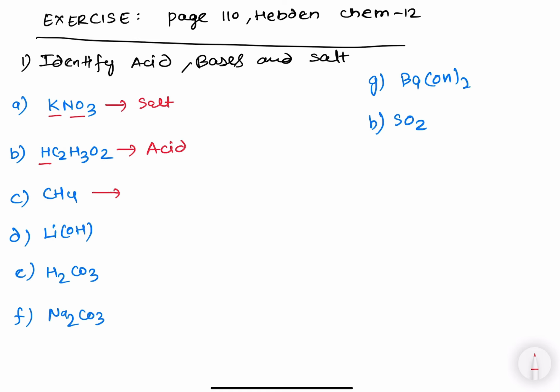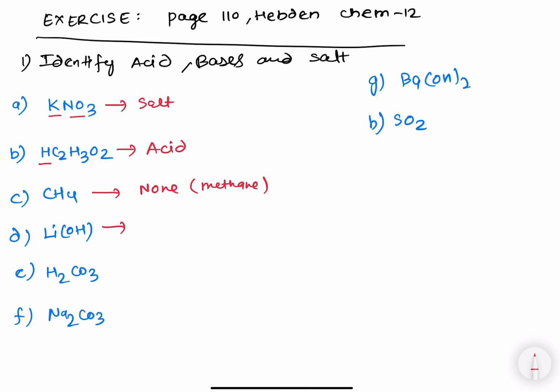Here we look for H, and is the H in the beginning of the formula? No, so it is not an acid, it is not a base, so none of the above. It is neither acid nor base, it is a hydrocarbon compound known as methane. So methane is neither acid nor base.